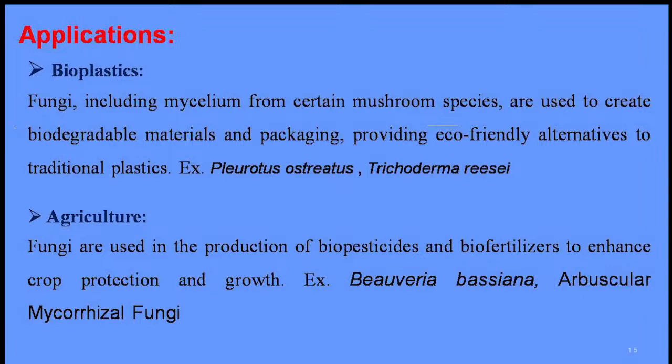They improve plant growth, nutrient efficiency, and soil structure. So examples of AM fungi are Glomus intraradices or Rhizophagus irregularis, which can be useful in symbiotic relationships for increasing the phosphorus level in the soil.